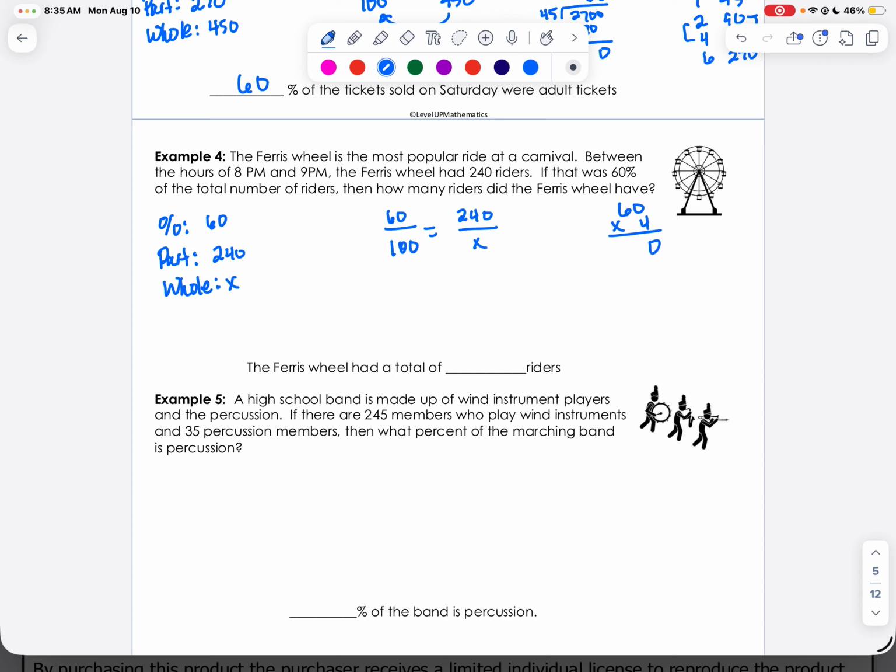Let's check. 0 times 4 is 0. 4 times 6 is 24. So my scale factor is simply 4. So if I multiply 100 times 4, that means the Ferris wheel had a total of 400 riders. 60% of them, or 240, rode between the hours of 8 and 9 p.m.